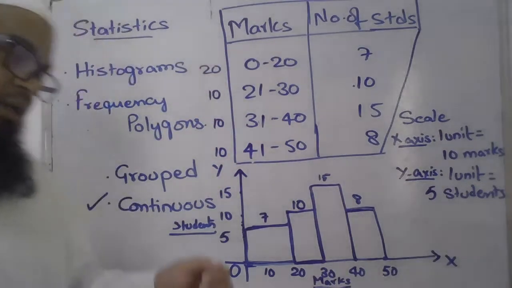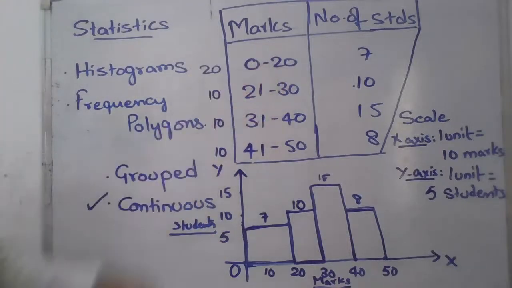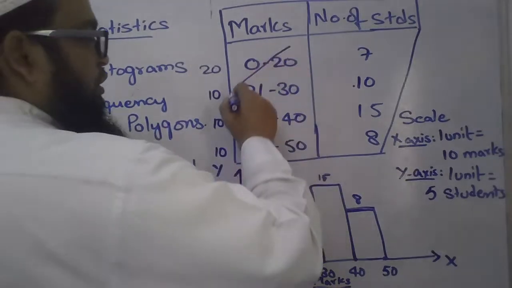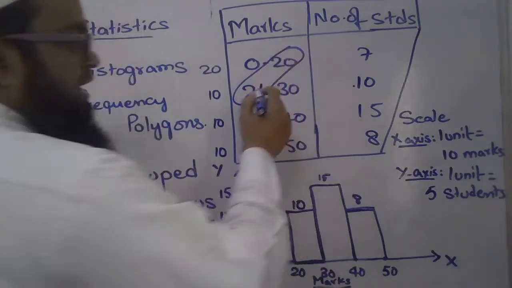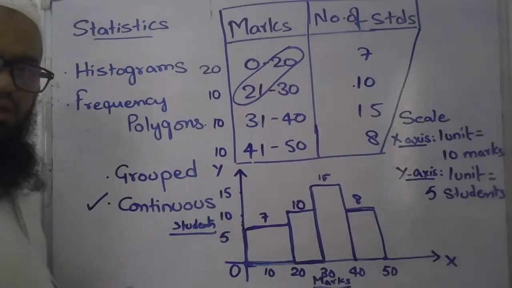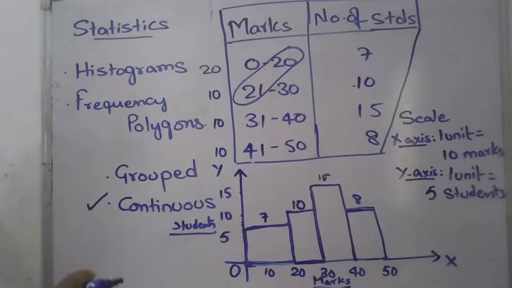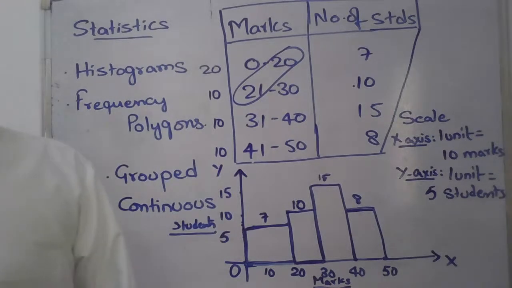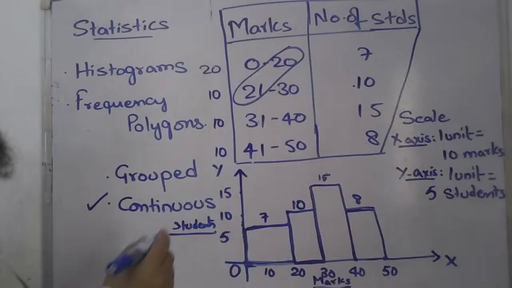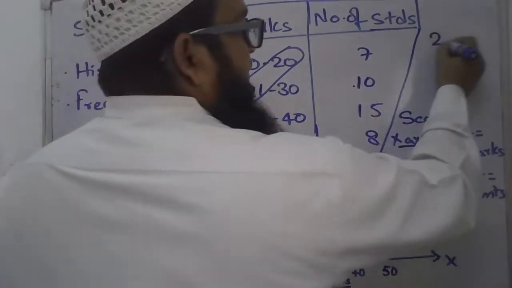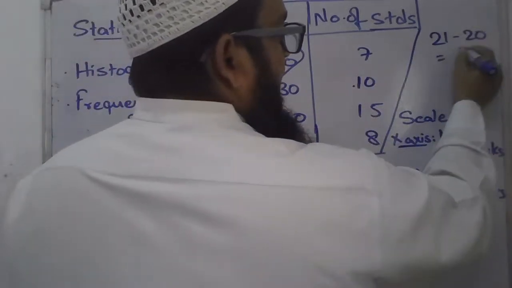Is it right? So then what we are supposed to do is check the lower limit of the next class and the upper limit of the previous class. So what is the difference between these two? 21 minus 20 is how much? 21 minus 20 is 1.